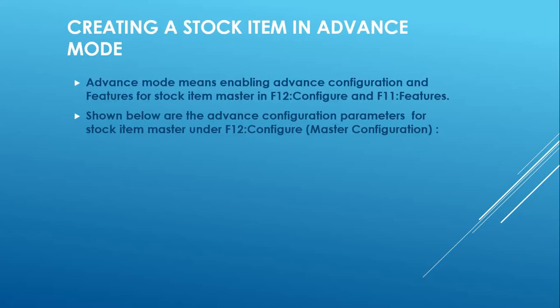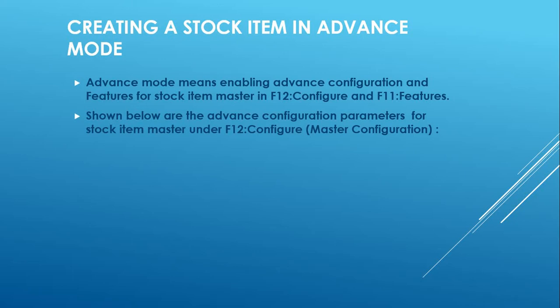Creating stock item in advanced mode. Advanced mode enables us to provide the additional information about the stock item, and also it allows us to use the features where the required options can be enabled based on the company's requirements.